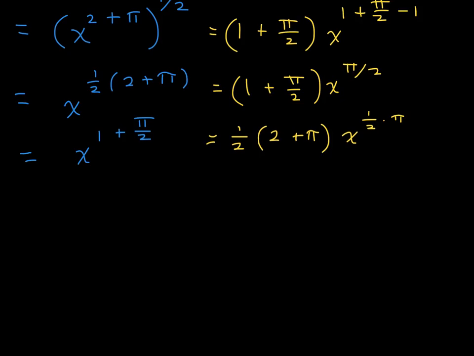So we can rewrite it as 1/2 times 2 plus pi. And then we can say the square root of x, let's write it like this, the square root of x, and x is really being raised to the power of pi.